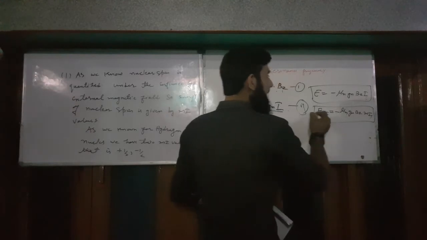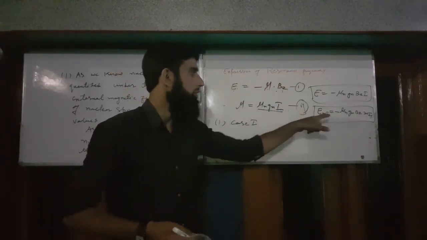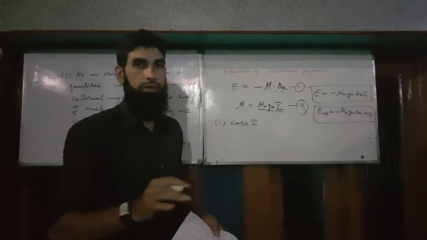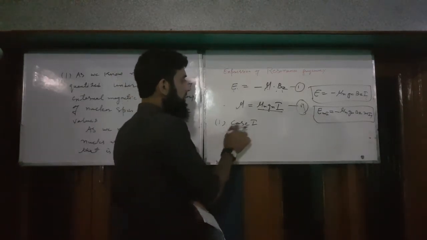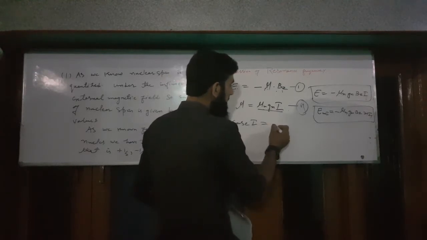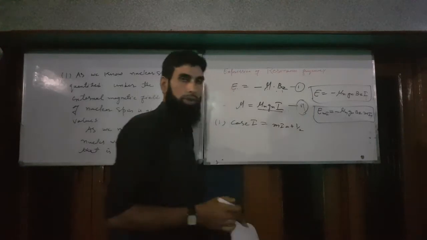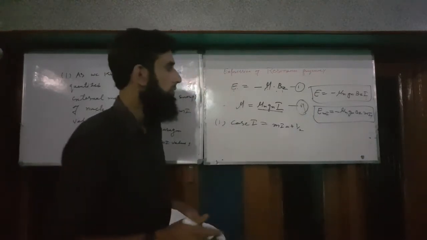This is the energy expression for Mi values, from which we substitute the value of Mi and get the energy. Case first is we find the energy if the Mi value is plus 1 by 2.